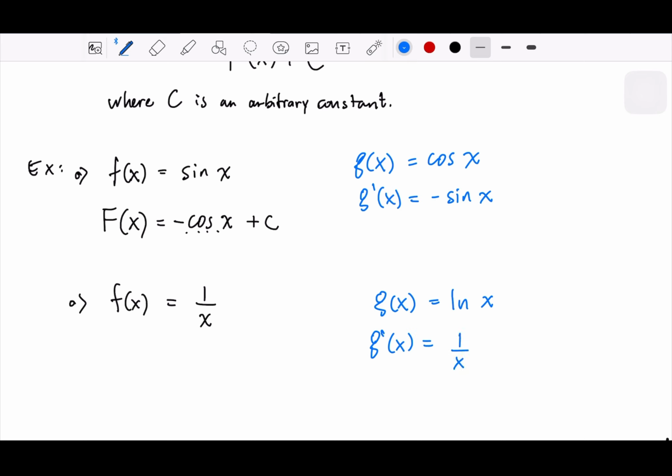But remember, this ln has a unique property that we already discussed before, that we might need to take the absolute value of x, because whether x is positive or negative, when we derive, it's the same 1 over x. If you remember what we did in the past few weeks, it's 1 over x. So if we want to take the antiderivative of 1 over x, we need to mention this absolute value because we are not sure what the domain is. So we need to write the absolute value.